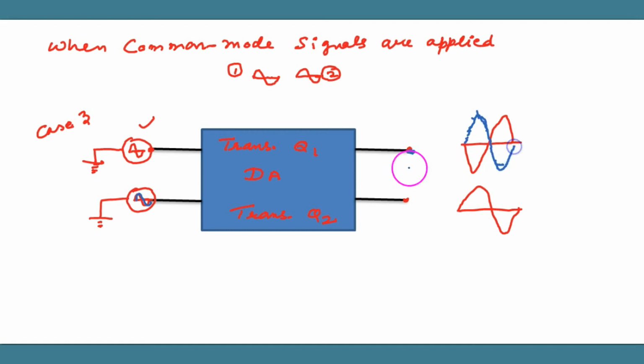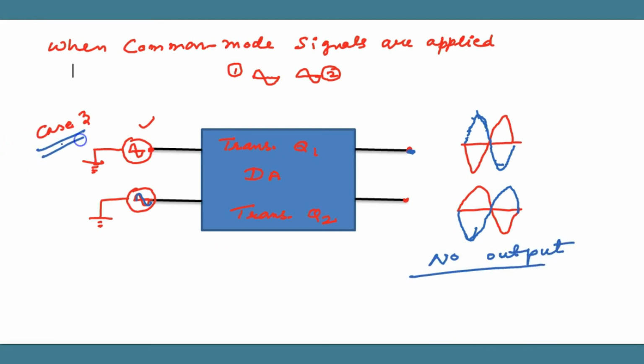Now both the signals at the output number 1 cancel each other, the result is 0. Similarly here, because of the second input, it is in phase with the input number 2, but both the signals come out of phase and they cancel each other at the output number 2 also.